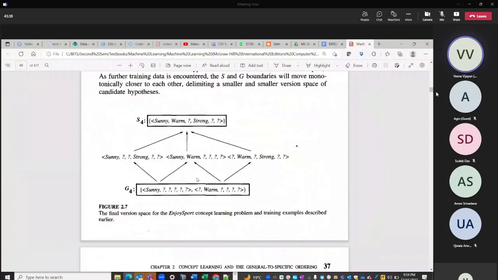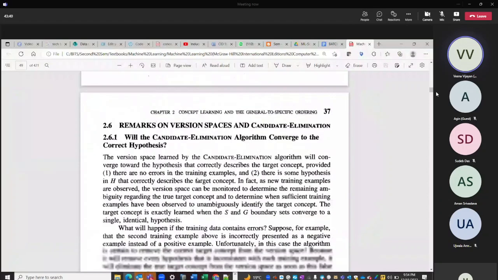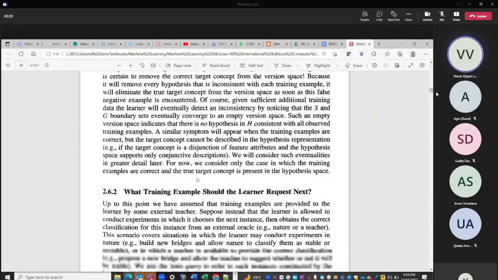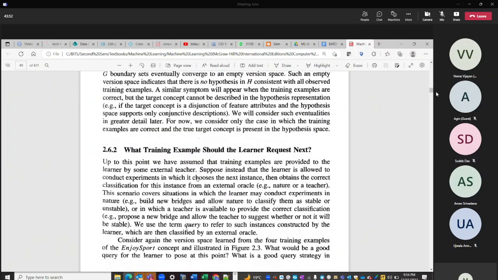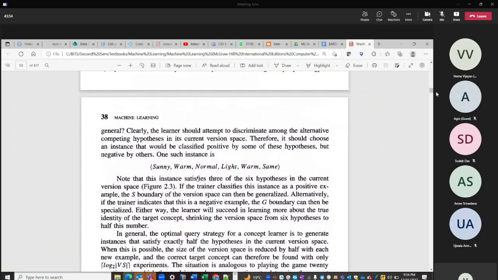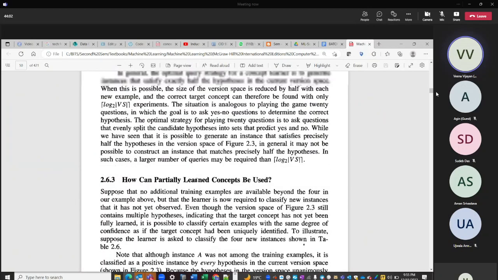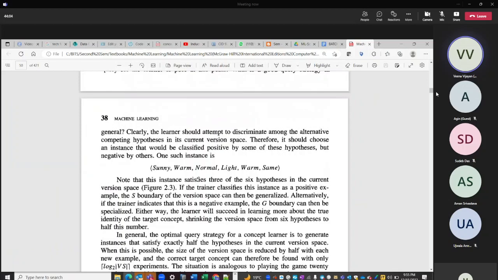More detailed description of those entries, how we are framing them, is here. Just go through these remarks. This will tell what the issues with the candidate elimination are. Whatever hypothesis we are framing may not fit in the proper version space.